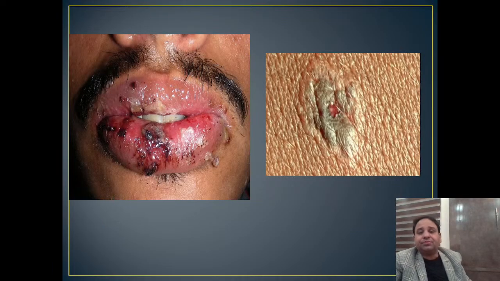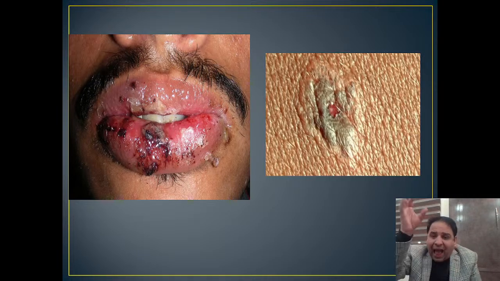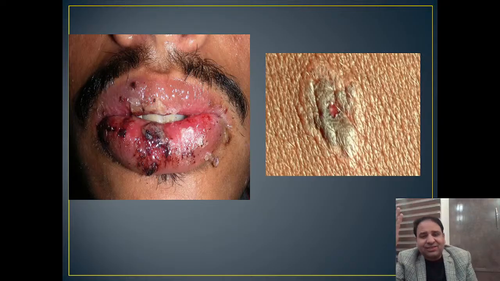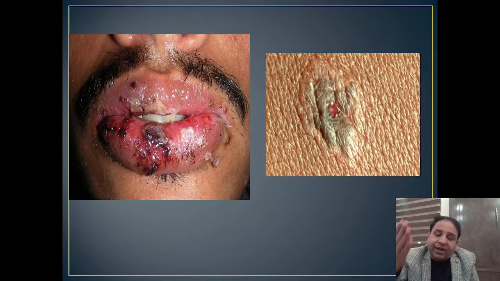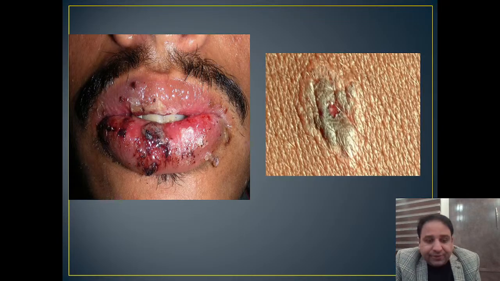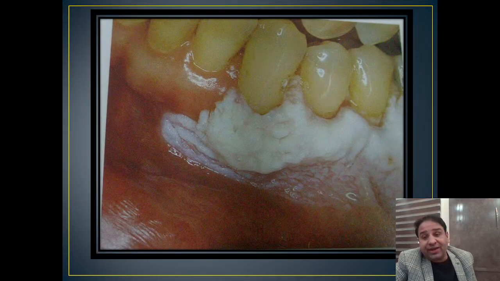Alright. And whenever you see such hemorrhagic crusting of lips and target lesions, as we discussed on Monday also, they are talking about erythema multiforme. So this is the case of erythema multiforme that you see on your screen.